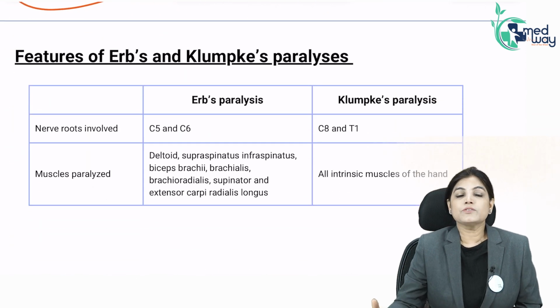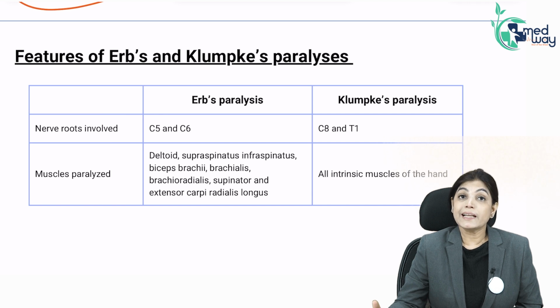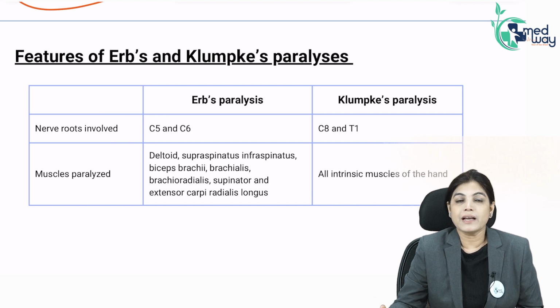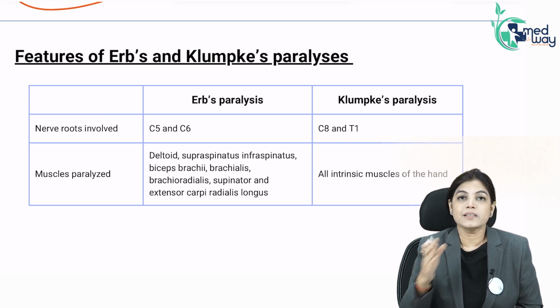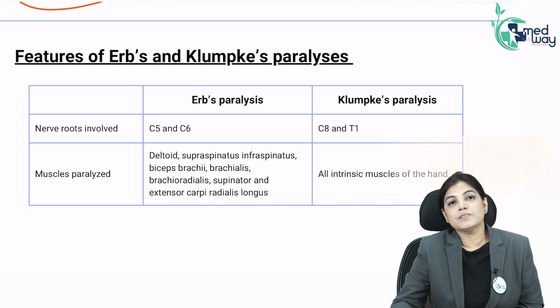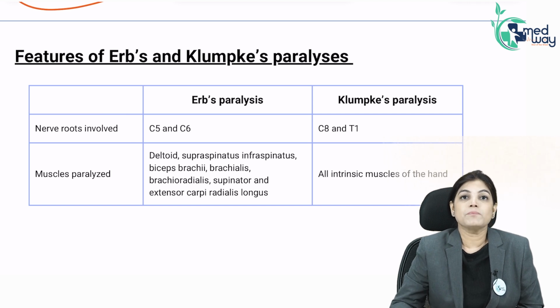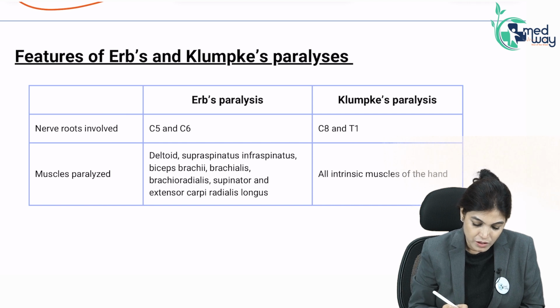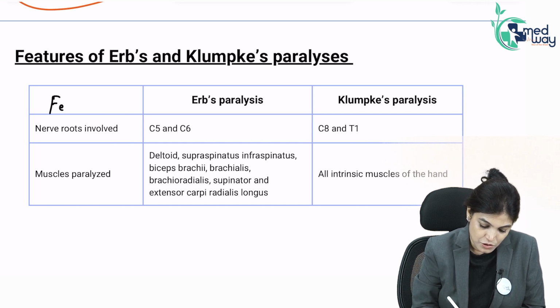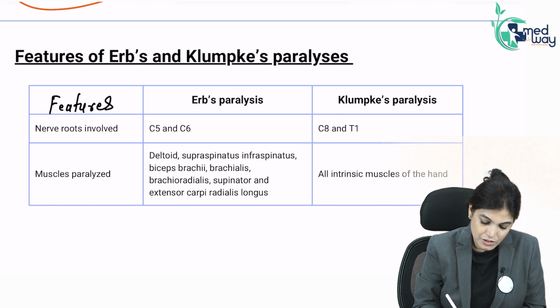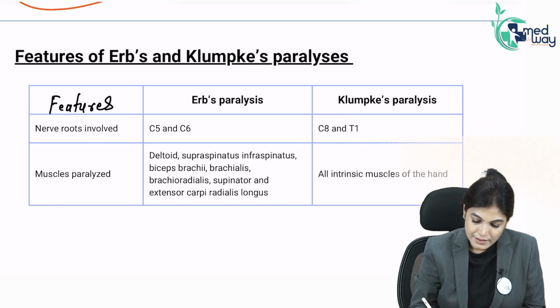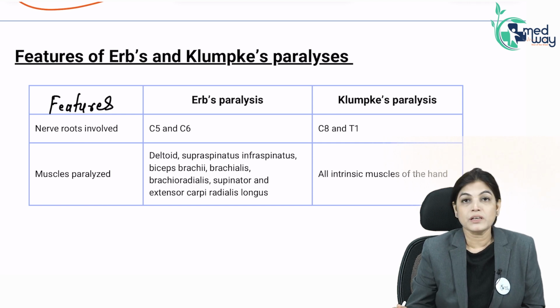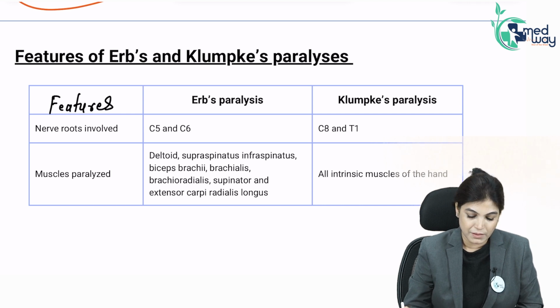Now, before proceeding to solving the MCQs from previous year examinations, I want everybody to concentrate on this comparison between the upper trunk brachial plexus injury and the lower trunk brachial plexus injury. This table shows the features and structures involved in Erb's paralysis, that is the upper trunk brachial plexus injury, and Klumpke's paralysis, that is lower trunk brachial plexus injury.